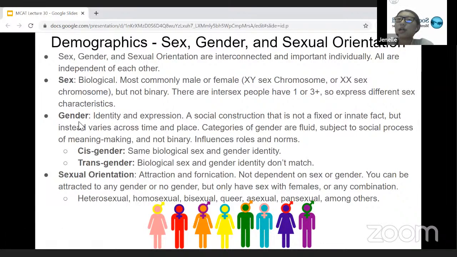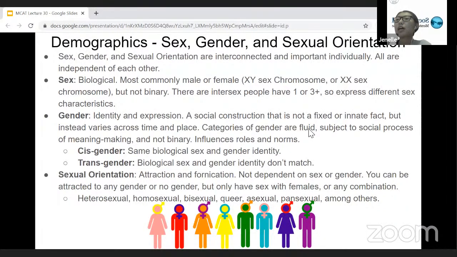And gender, on the other hand, is how one person would identify, how one person expresses their identity and also just expresses themselves. And it's a social construction that is not quite fixed or an innate fact like sex, which is biological, but instead varies across time and place.